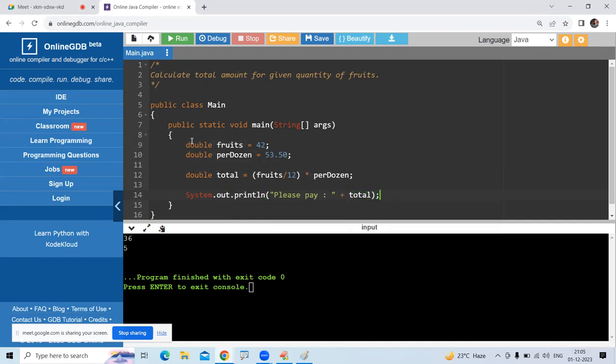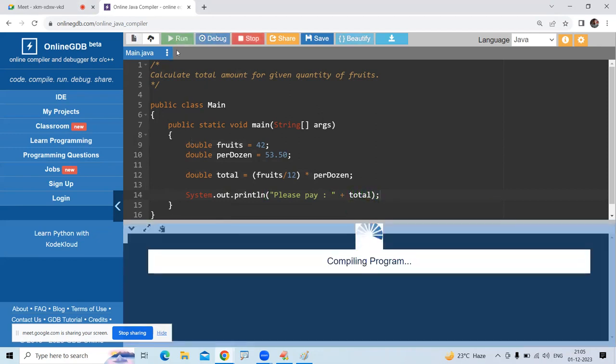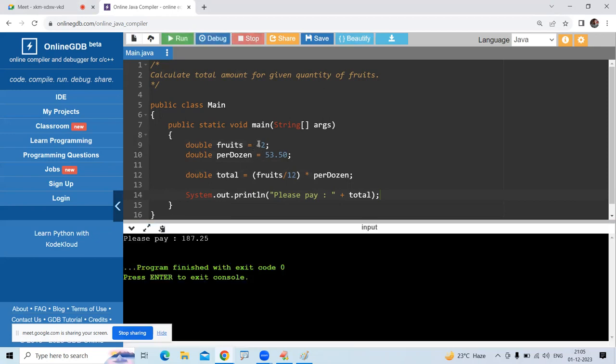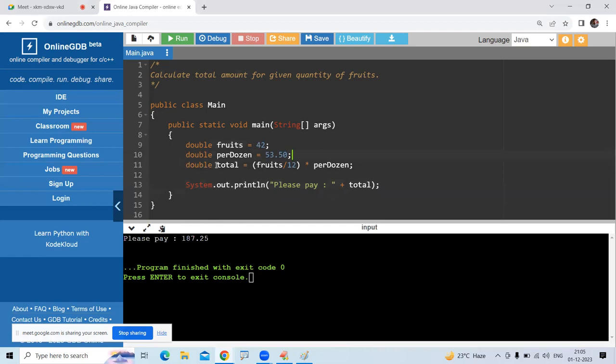Total amount. When you run the code, here 42 means around 3.5 dozens. Each dozen 53 rupees, for 3.5 dozens it is 187.25. So this is the way we are calculating. Normal programs, addition of two numbers, multiplication of two numbers, these are okay.